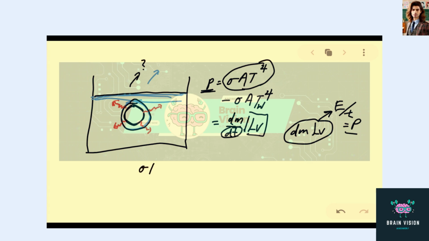So we have sigma A times temperature of the sphere to the power 4 minus temperature of the water. We are assuming that the water is at boiling point already, which is basically 100 degrees Celsius. So we can rearrange this equation to find the rate of change of mass of water.